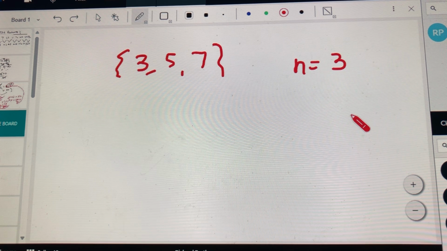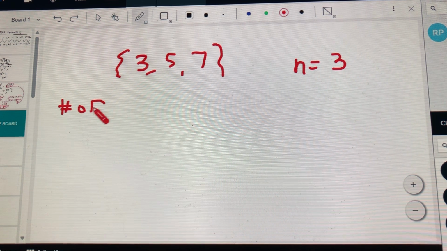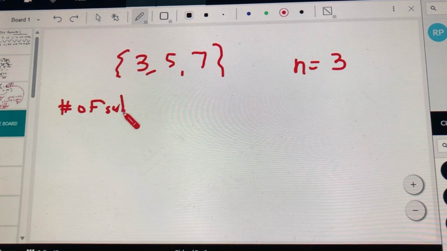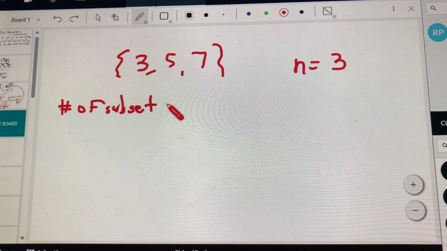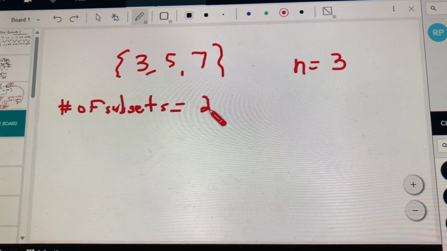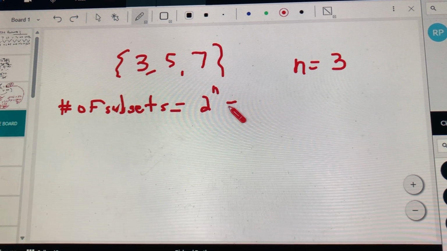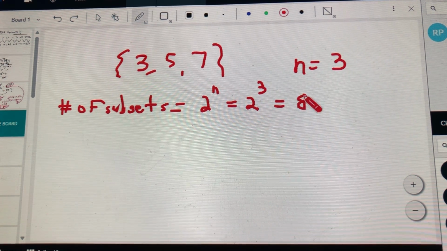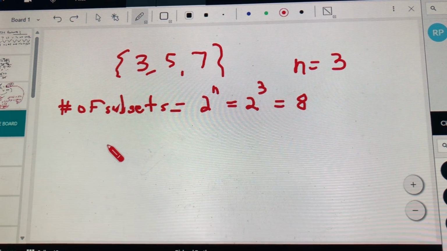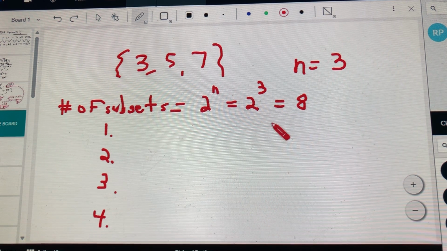All size 3 sets have 8 subsets because the rule is 2 to the nth power, where n is the size of the set. 2 to the third is 8. So I figure out how many there are first, because then I can list 1 through 8 and make sure I get them all and don't leave any out or don't count any twice.